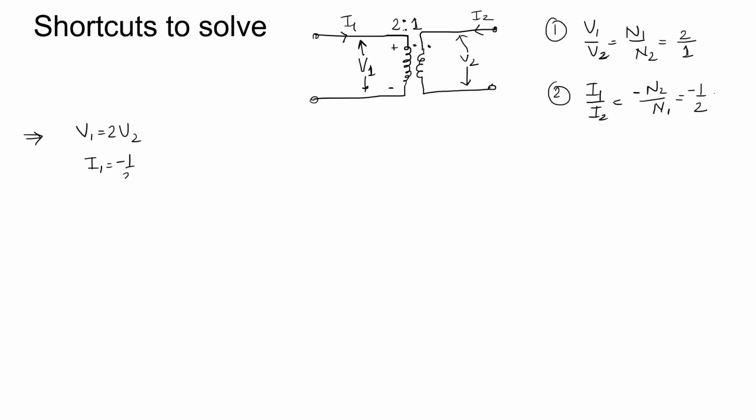This is 2 by 1, and this is minus 1 by 2. So what equations did we get? Let's pen them down: V1 is equal to 2V2 and I1 is equal to minus 1 by 2 I2. This is one set of equations which we could derive from this.